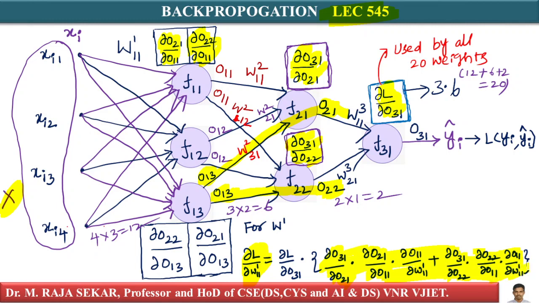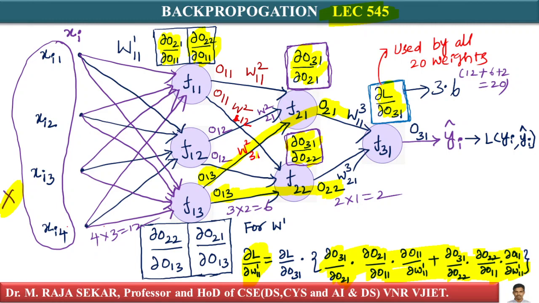I request all of you to go through lecture number 545. We had multiplication of derivatives, and each of these derivatives in the case of sigmoid activation is between 0 and 1. We discussed this when we discussed the vanishing gradient problem in lecture number 545.